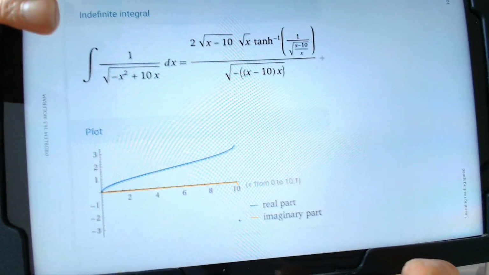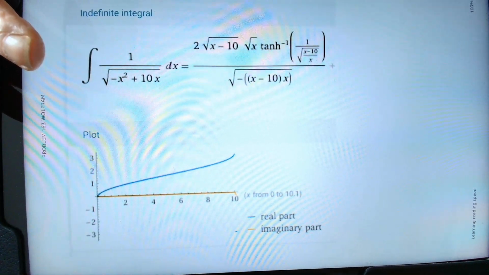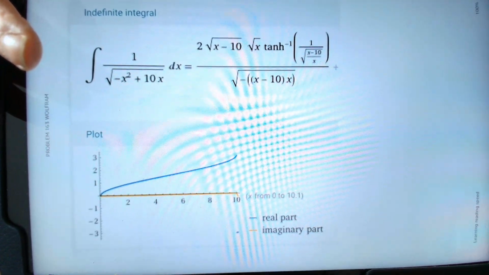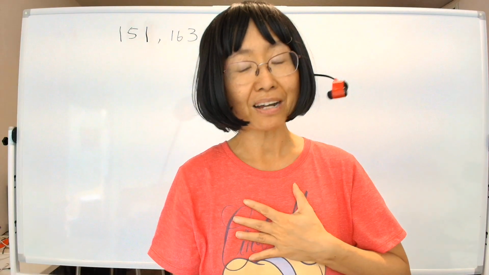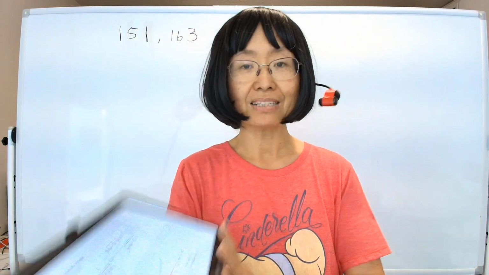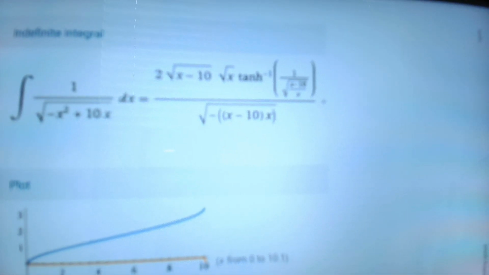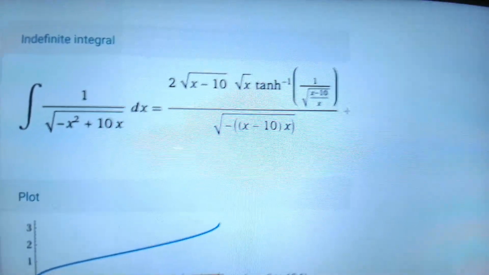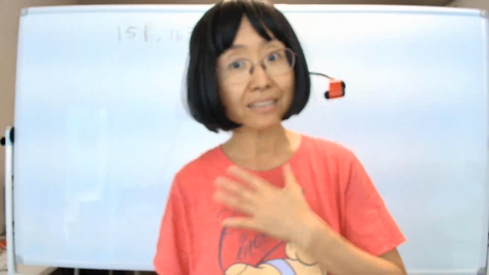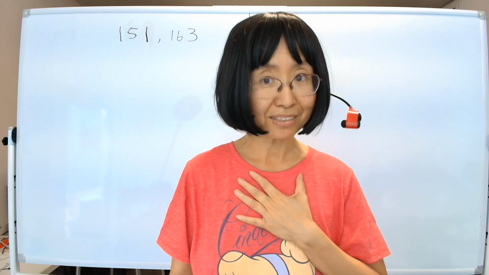Well, as you notice, if x is 0, this whole thing dies. I mean, it's not defined, right? Because there's an x in the denominator. So we'll ignore that for now, and let's see what happens when x equal to 1. You notice when x equal to 1, you are immediately kicked out because you have a square root of 1 minus 10. That is negative. That is not allowed by our standards right now.